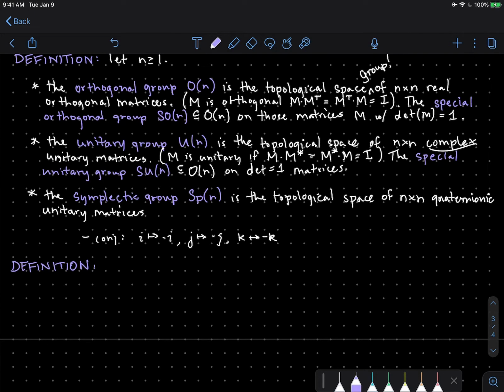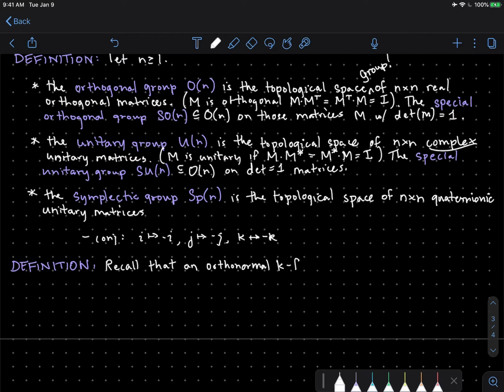Let's give one final important example of topological spaces that show up in nature. This is related to a bunch of the previous examples. So first of all, let's remember that an orthonormal k-frame in R^n is a choice of k vectors v1 through vk.